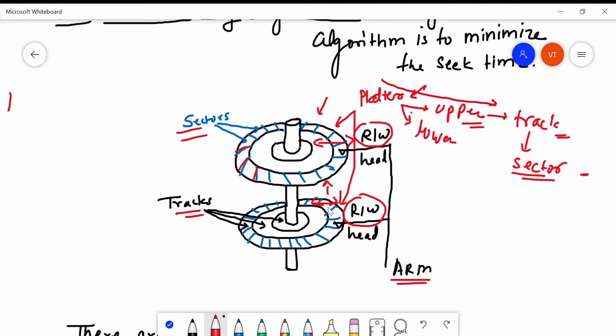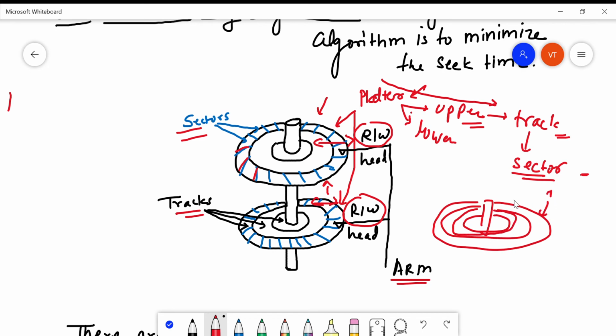For example, if the head is on track number 1 and the data is on track number 25, I can show it like this. This is your hard disk. Suppose this is a track, and there are many tracks like this. Maybe track number 1 is here and track number 25 is here.